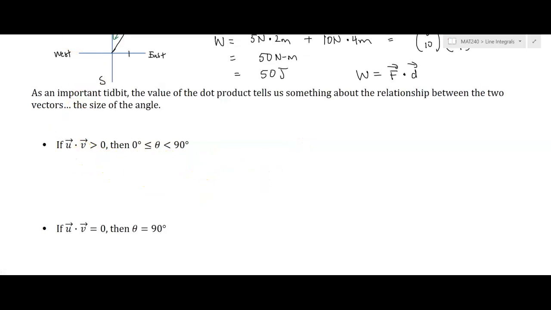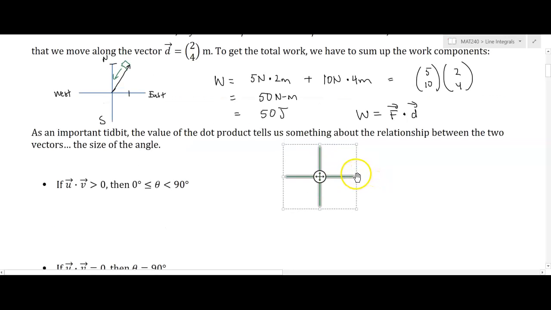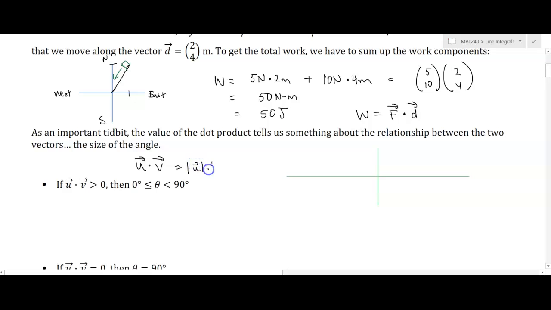Before we get into that, let's go back for a moment and think about how the cosine function looks over the first 90 degrees. One of the things we established early on in our study of vectors is that the dot product between two vectors, and this is the law of cosines, is equal to the product of their magnitudes times the cosine of the angle between those two vectors.